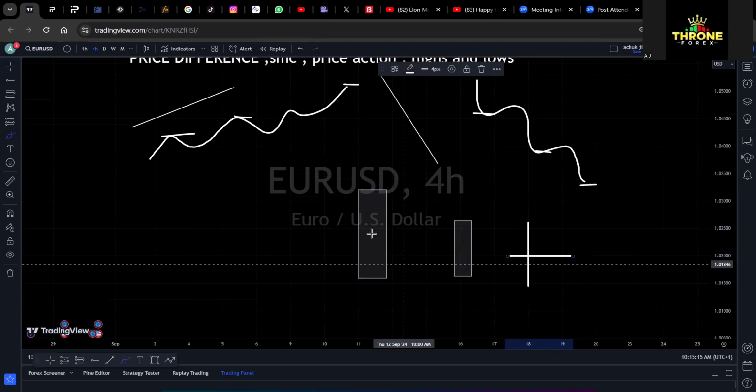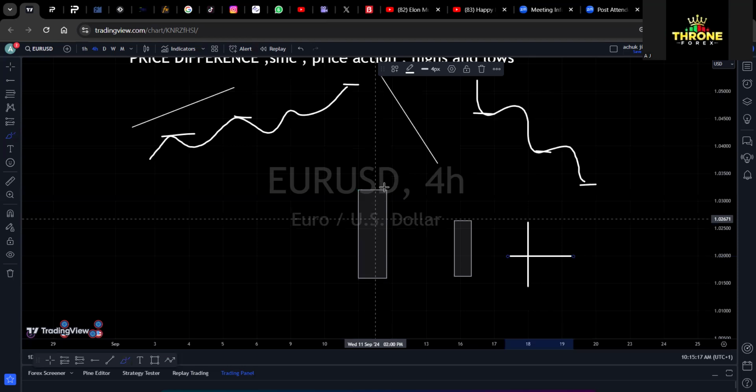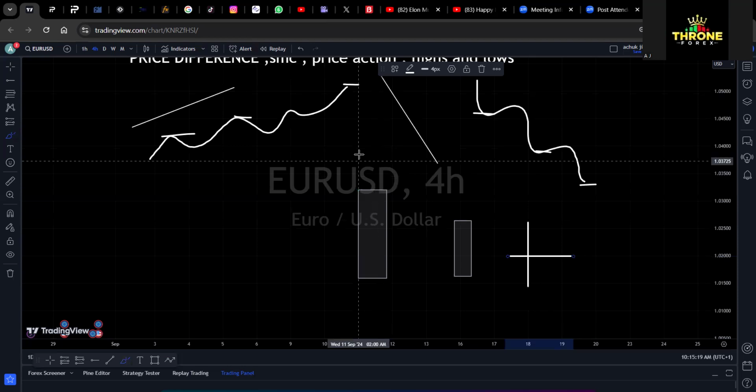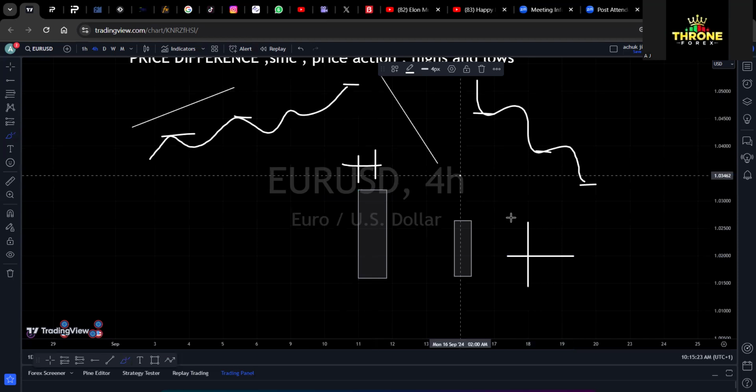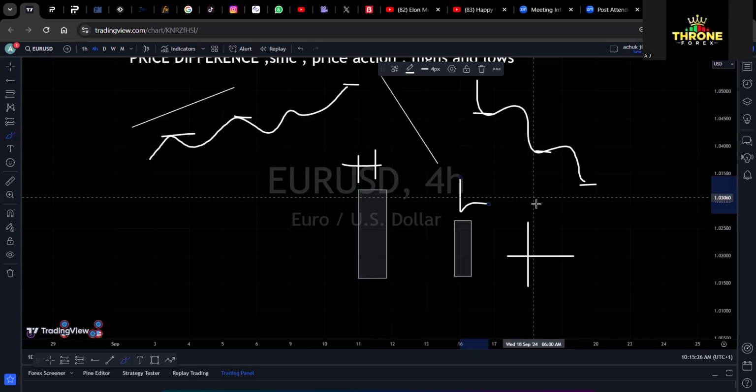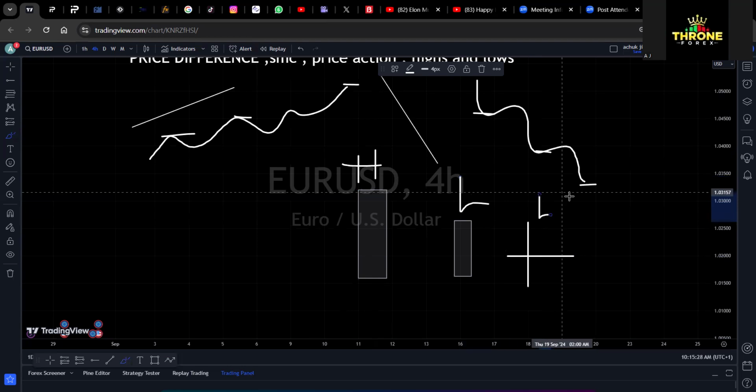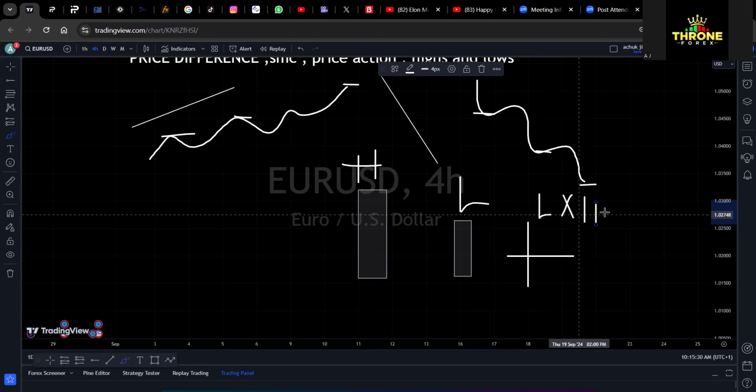If you look at this in terms of pressure, definitely this one has higher pressure. Pressure is high. This one has a low pressure, and this one has neither low nor high pressure. So this is indecisive.